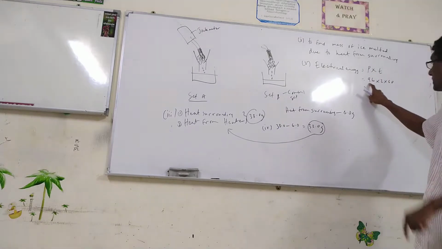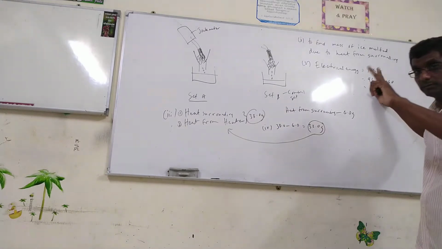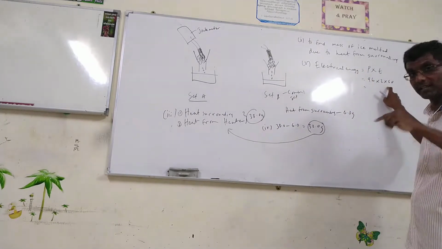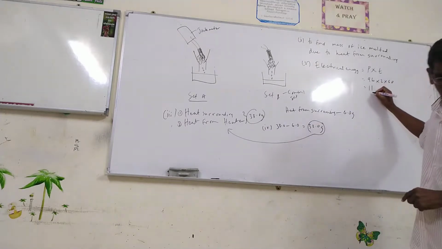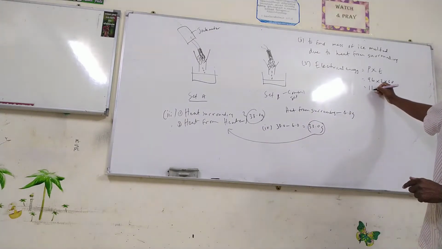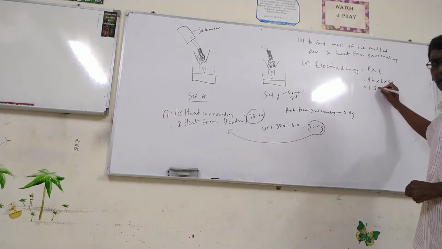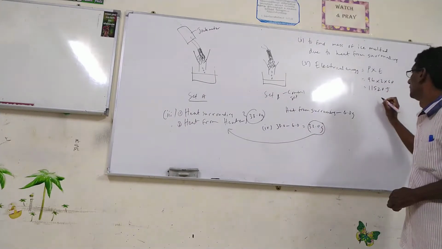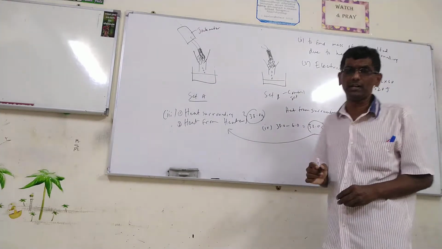Power 96 watt, and the time 2 minutes, 2 times 60 seconds. So 11,520 joule.